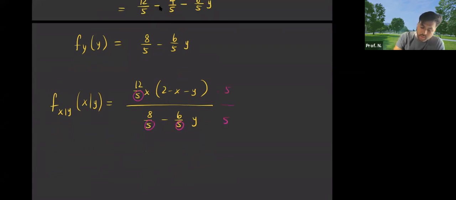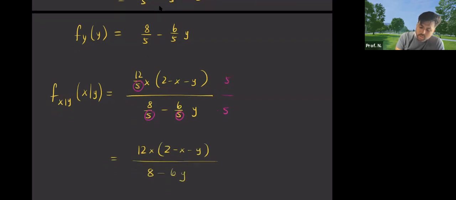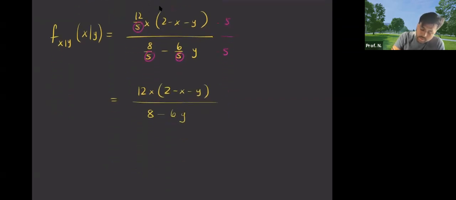All these 5s are canceled out, and I'm left with 12x (2 minus x minus y) over 8 minus 6y. And then I can divide all of these by 2, and I'm left with 6x (2 minus x minus y) over 4 minus 3y.